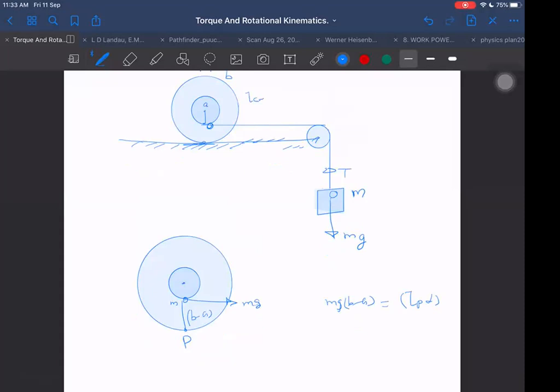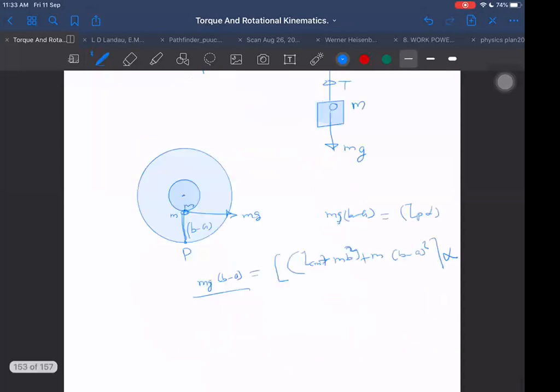If ICM for the spool is given, then I can write ICM plus M into b square, since the distance from point P is b. And for the new mass which I attach here like a point mass, I can write m into (b minus a) square. This whole into alpha will be equal to mg into (b minus a). So we can get alpha from here. Who asked this question? I think yesterday somebody asked this question. Niganta, you asked it? Yes, sir. So are you getting the answer now? Let us check once, apply this logic and see whether you get the answer or not.